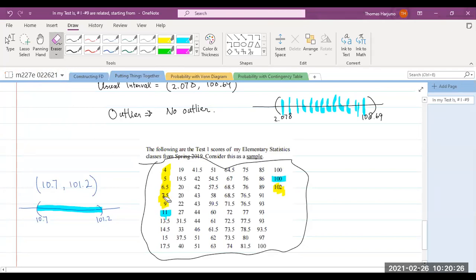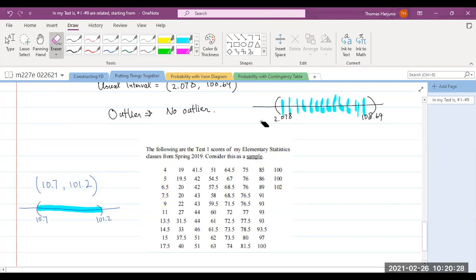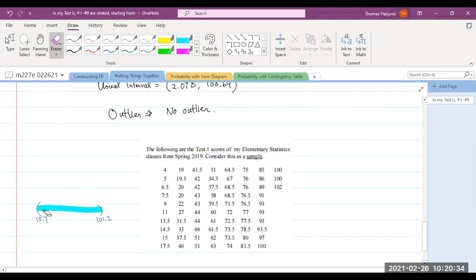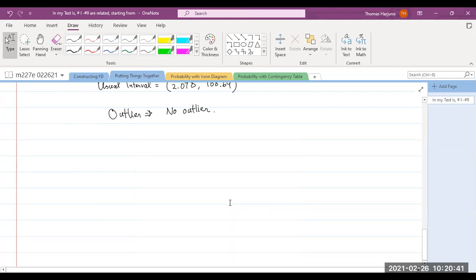Let me erase this. Now I want you to replicate what I did here, this big project, to the next question. Draw a big line here to separate.